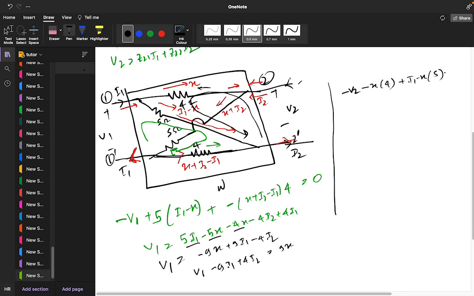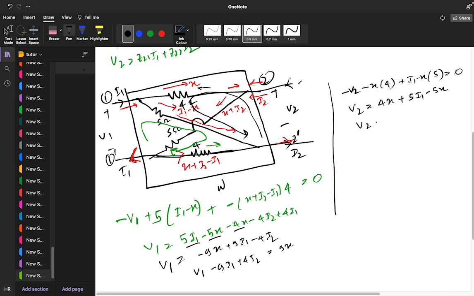Yeah, the thing is done. It's 0. So V2 value is coming as 4x plus 5I1 minus 5x.